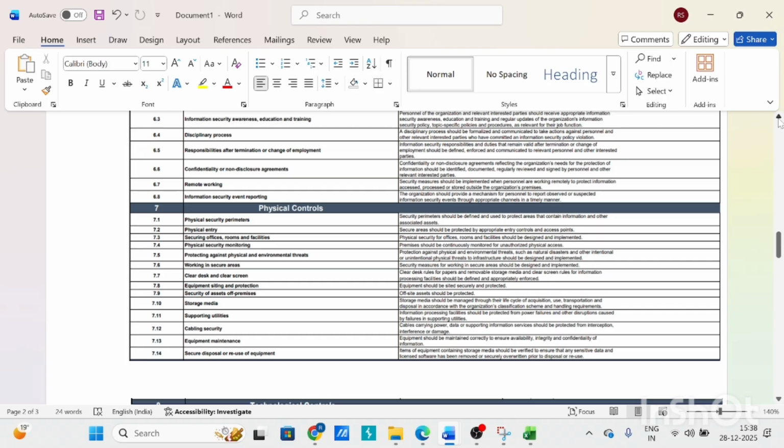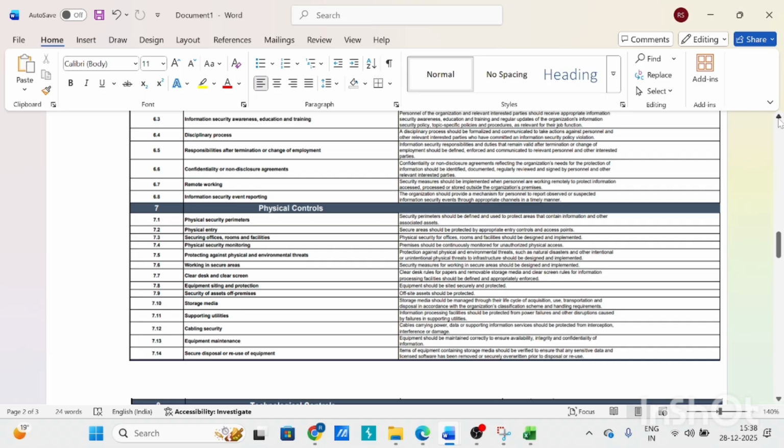7.8 is equipment siting and protection. 7.9 is the security of assets off premises. 7.10 talks about storage media, where storage media should be managed through their life cycle of acquisition, use, transportation, and disposal in accordance with the organization's classification scheme and handling requirements.